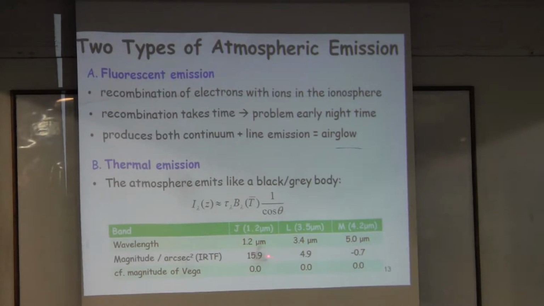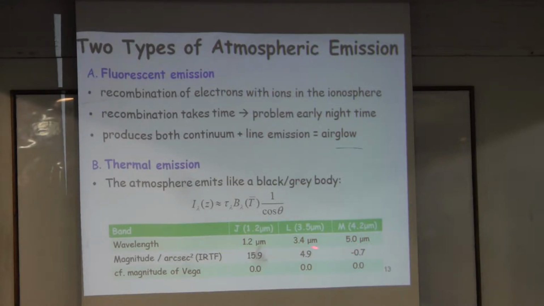The main point is that the thermal emission gets much stronger when you go to longer wavelengths. In fact, when you observe at 4 microns, you can see that the sky brightness is brighter than the magnitude of Vega, which is defined as 0 magnitude.